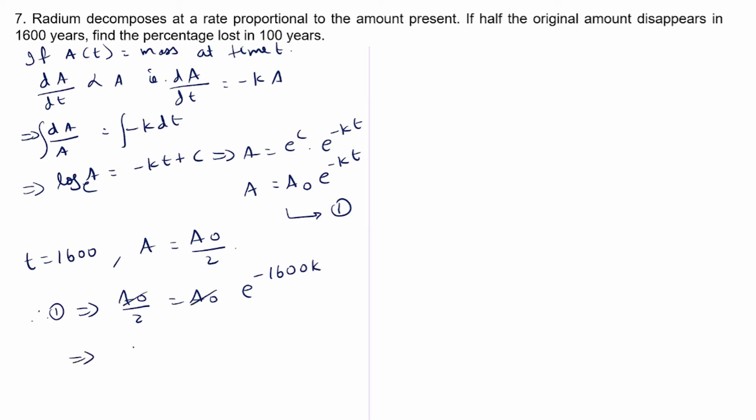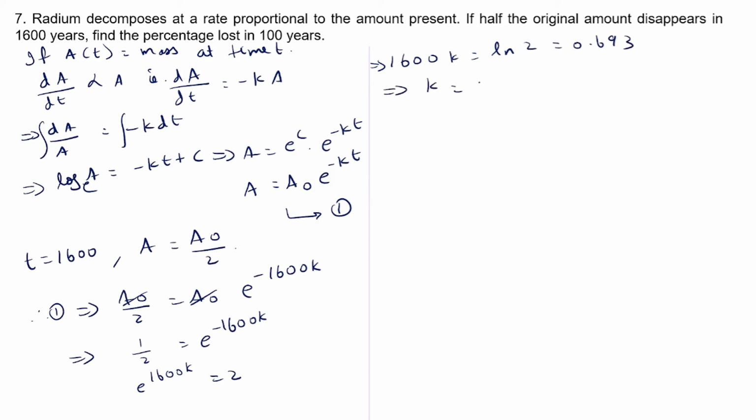So from this we have half is equal to e raised to minus 1600 K. So we can write e raised to 1600 K equal to 2. If we take log on both sides, this implies 1600 K equal to natural logarithm of 2. This we know it is equal to 0.693.